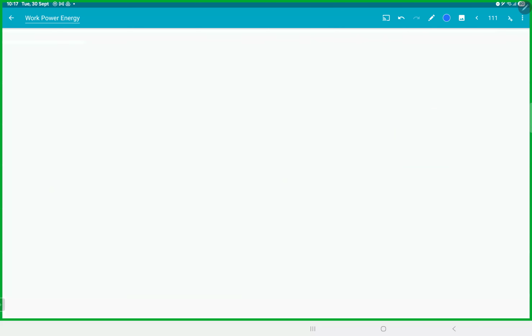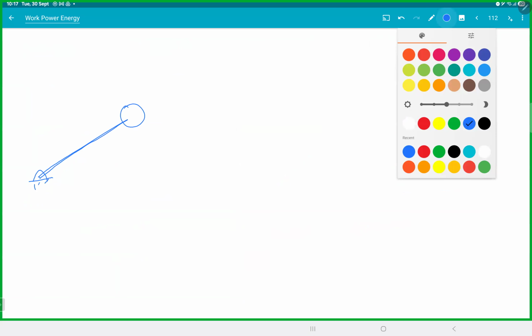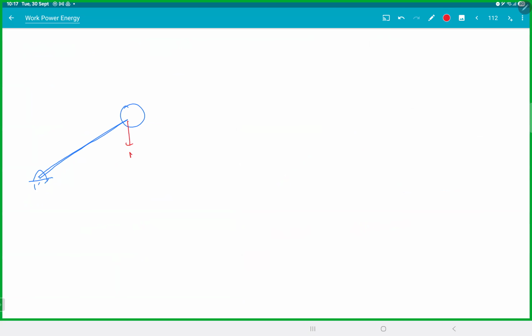So let's do that also. For this sphere, this is mg, 60, 60, and this will be mg sine 60. This is a tangential, and this is a centripetal, which is V1 square by L.